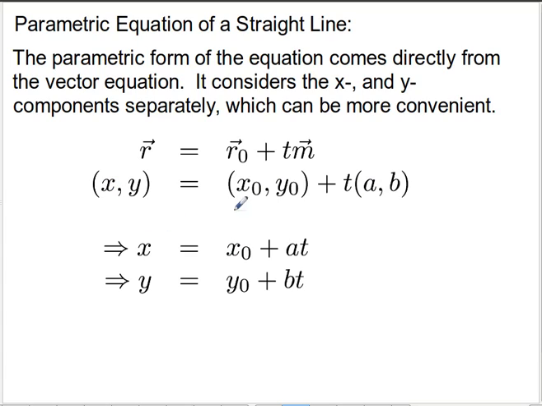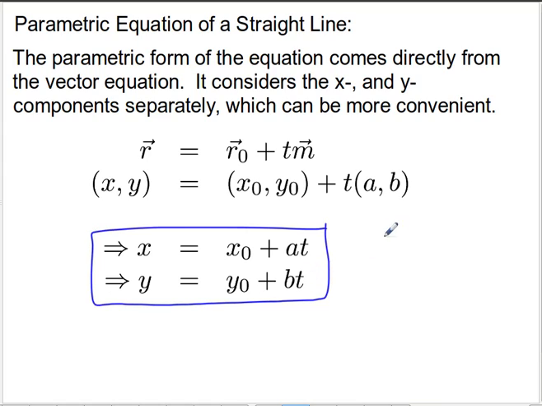This x must be equal to the initial x plus t times a, which I've written as at. This y must be equal to the initial y plus t times b, which I've written as bt. And that's it. These are your parametric equations. So in R2 we get 2 parametric equations, and as you can imagine, if we were in R3, we would be getting 3 parametric equations.